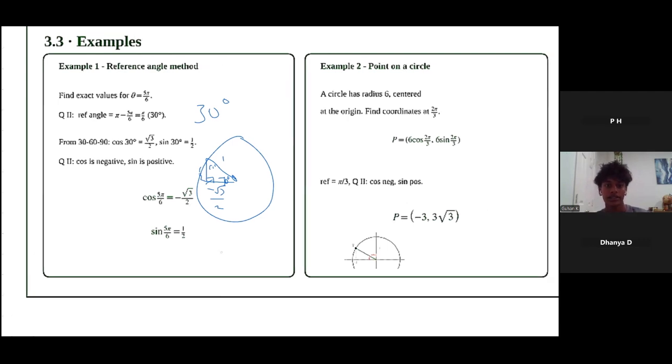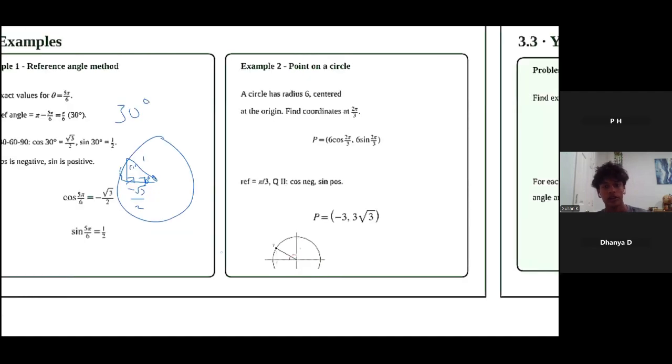A circle has a radius 6, centered at the origin. Find the coordinates at 2 pi over 3. For the coordinates, it's always going to be r, which is the radius, times cos of theta, comma, r times sine of theta. So cos 2 pi over 3, which is 270 degrees, is going to be 0. Remember, it's at this point of the circle. So it's going to be 6.